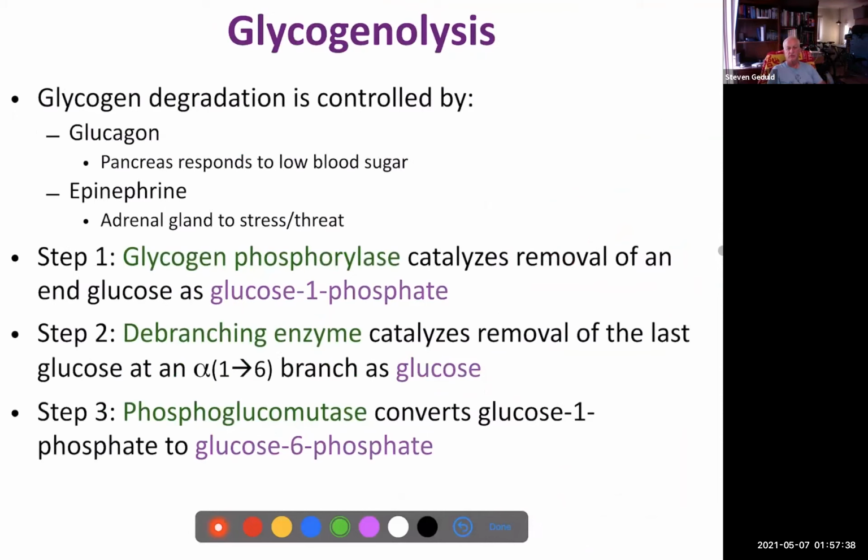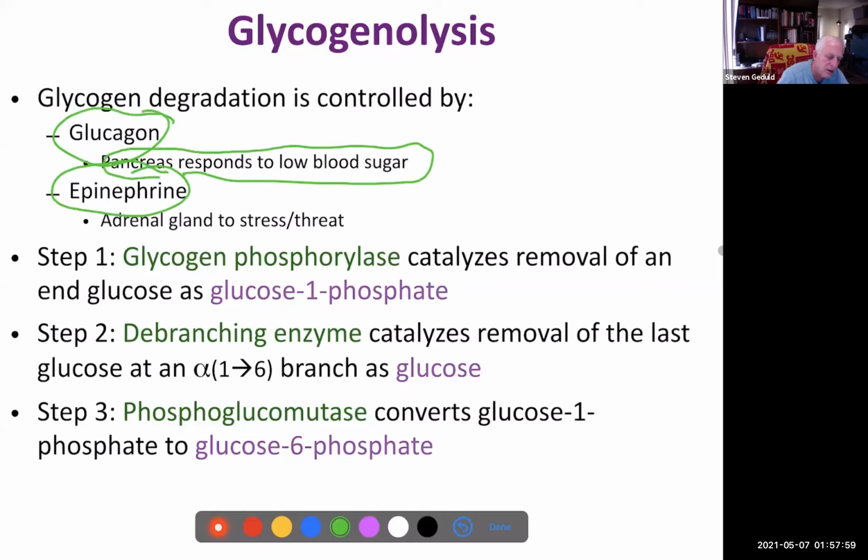Glycogenolysis. Okay. Glycogen degradation. So we break down glycogen to produce glucose back into the bloodstream. So we've stored it, and when we need it, we start to break down our glycogen storage. Okay. It's controlled by glucagon and epinephrine. Remember the pancreas.